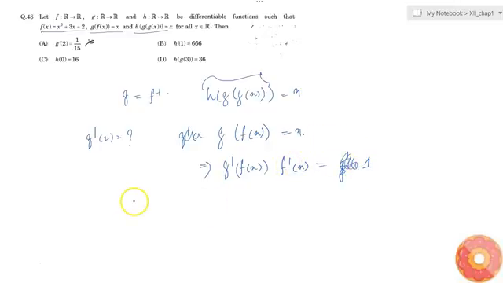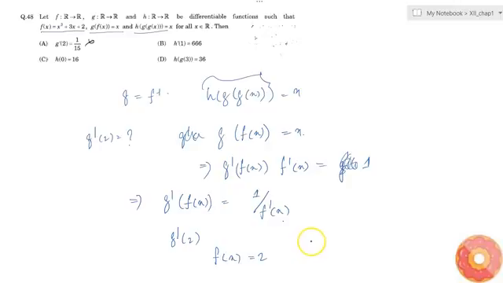From this we get that g dash of f of x is equal to 1 by f dash of x, and in order to find g dash of 2 we just have to equate f of x to 2.